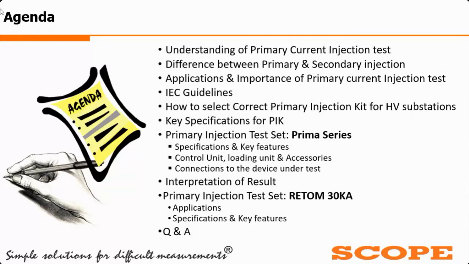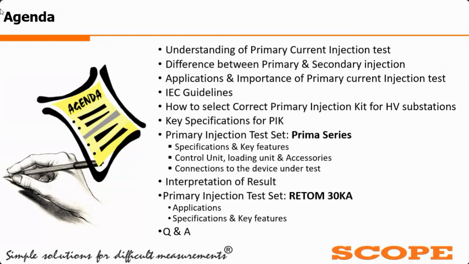After that, we will understand the control unit, the loading unit, and what accessories we will provide with our Prima set. After that, how to connect our primary current injection test kit with the actual device under test, that may be a CT or any other devices.